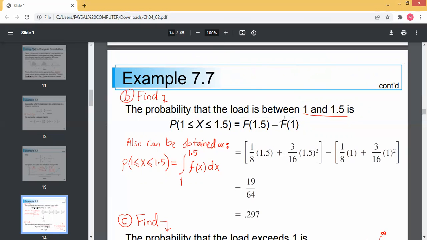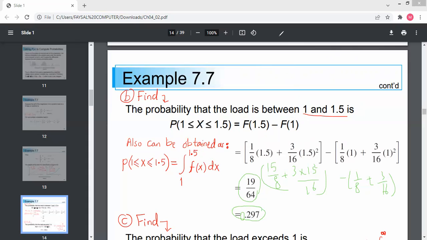It will be 1 upon 8 times 1.5 plus 3 upon 16 times 1.5 square, minus 1 upon 8 times 1 plus 3 upon 16 times 1 square. After simplification, the value is 19 upon 64, and the answer is 0.297.